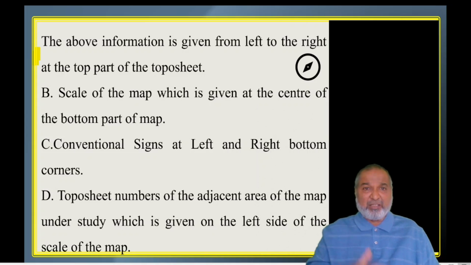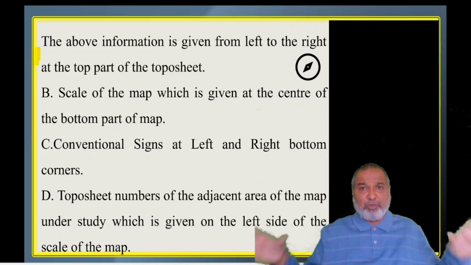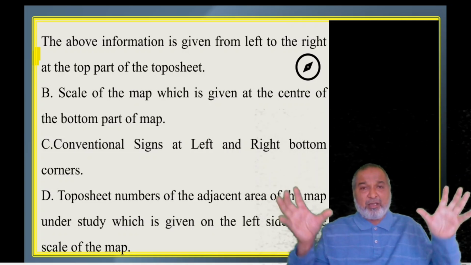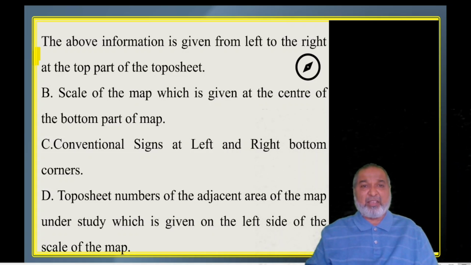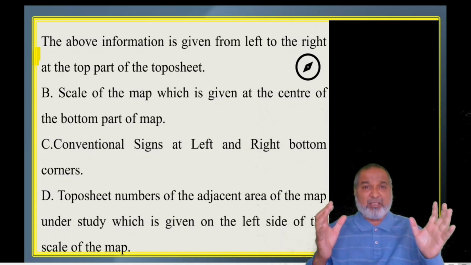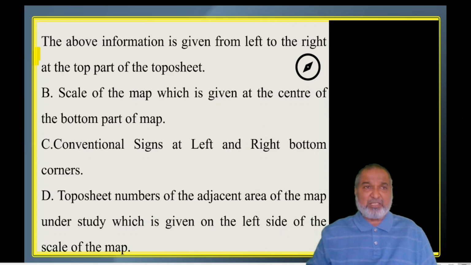In addition to this, the scale of the map is at the bottom side, in the center. On the left and right below the map, there is again a table given, and that table is for the conventional signs. These are the important symbols we are going to use in that Toposheet map.